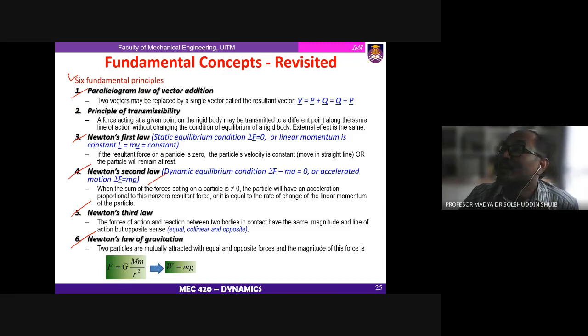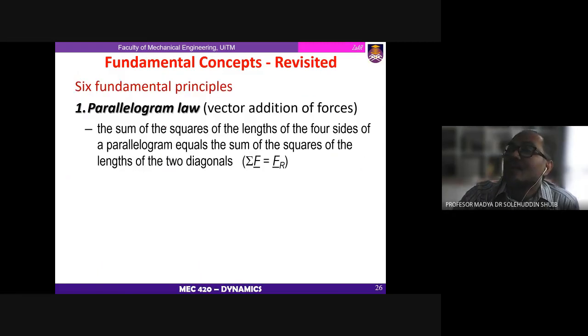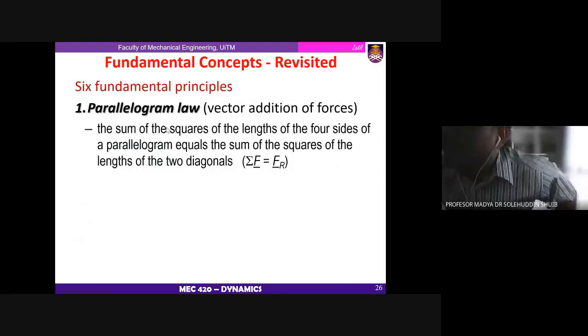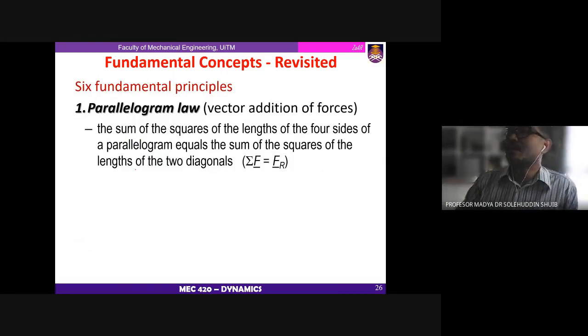So all of these will be used in our dynamics topic later. I'll go one by one, quickly, on the fundamental principles. The first one is the parallelogram law, which is vector addition of forces.